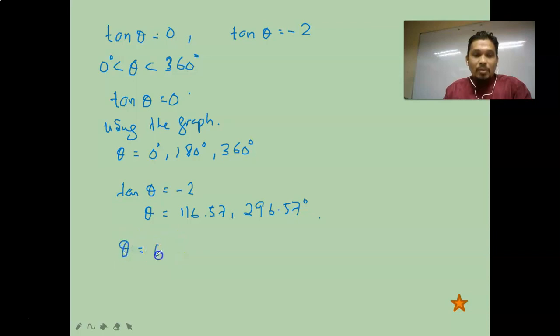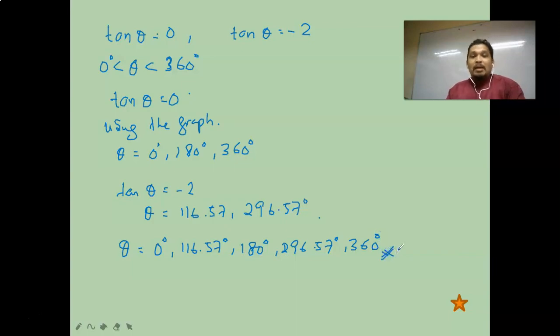Theta equals 0 degree, 116.57 degree, 180 degree, 296.57 degree, and 360 degree.